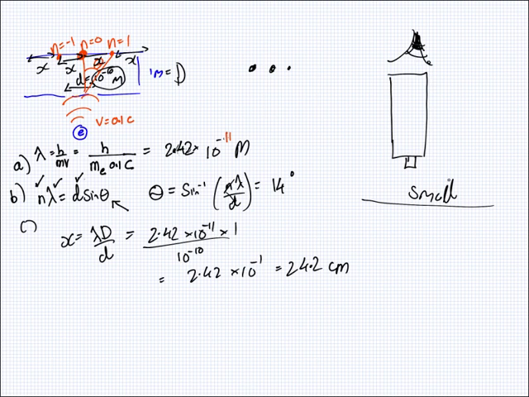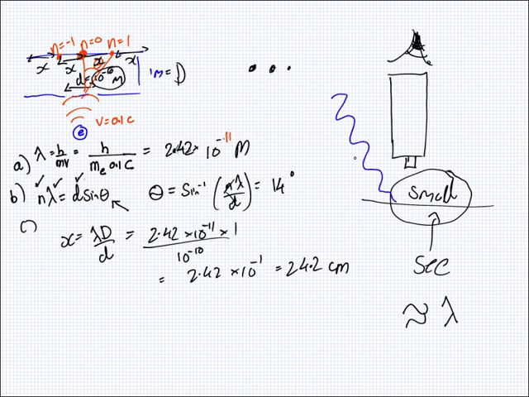How big can you see? What scale? The rule is you can see anything that's about the same wavelength as the light you're using. So for example, if this light has wavelength lambda, then you should be able to see things which are about the same wavelength. Not really, it's not as good as this, but just roughly.